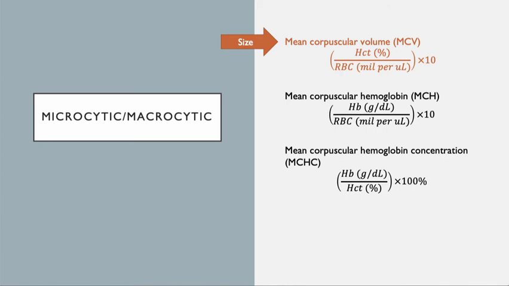And this is how it's calculated. It's the hematocrit divided by the RBCs per microliter times 10. And so that tells us about whether the anemia is microcytic or macrocytic. If the MCV is high, then it's macrocytic. If it's low, then it's microcytic, right?